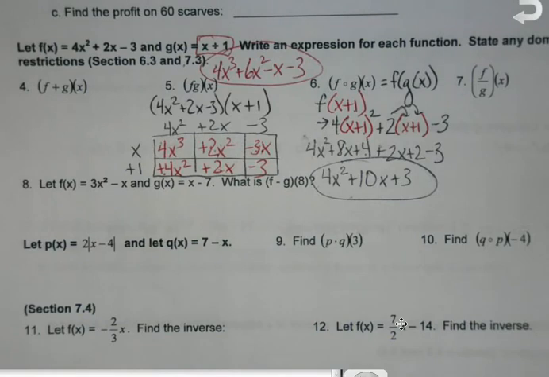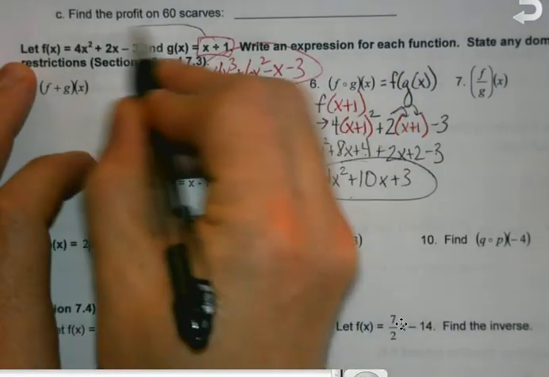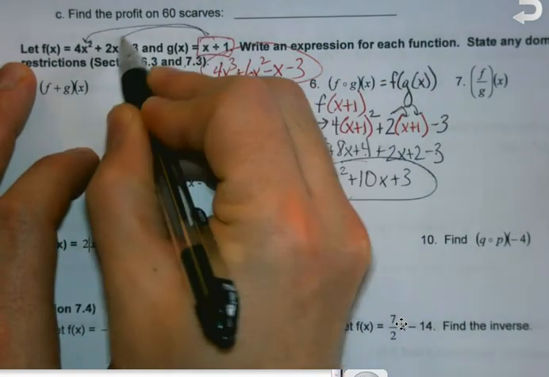But whenever you see function notation, you're plugging the one, literally, you're plugging that in for x in the other one.